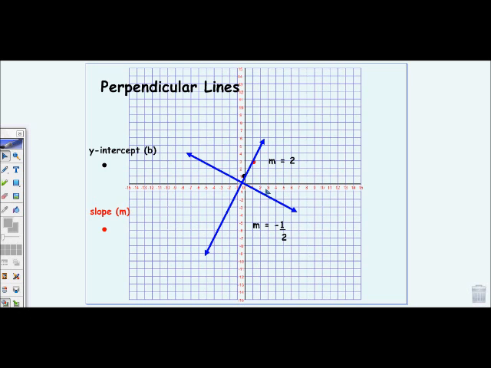Now we're going to go to the line that's perpendicular to it, the one that intersects to make the right angles. I'm going to find where it crosses the y-axis, which is right here, and that's at (0, 0). And then I'm going to go to another point. To go to this point, I'd go down 1 and over 2, giving me rise -1, run 2, so -1/2.